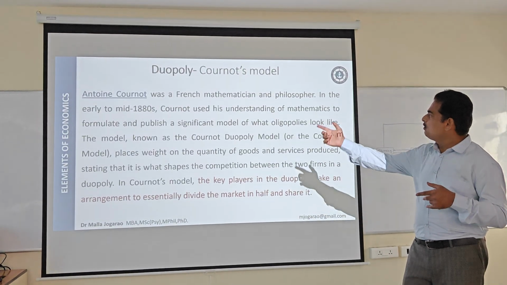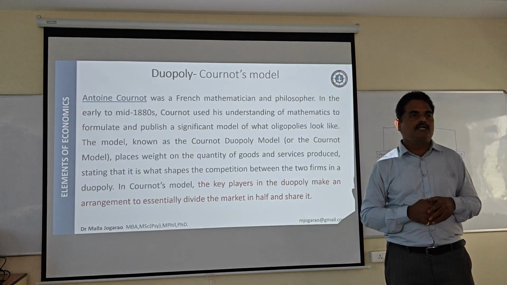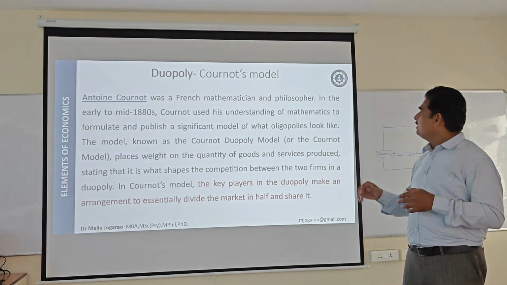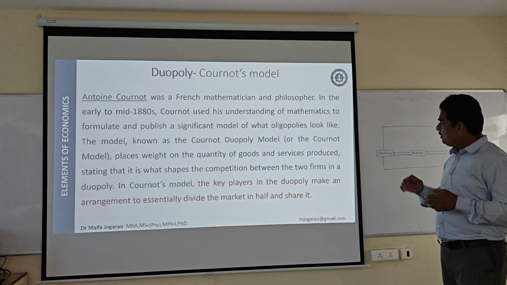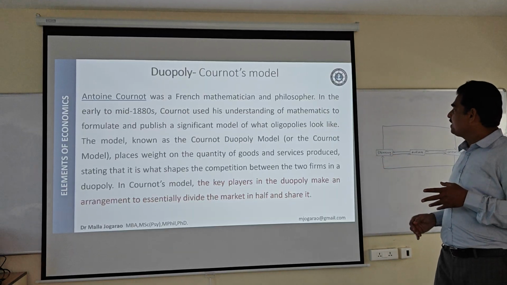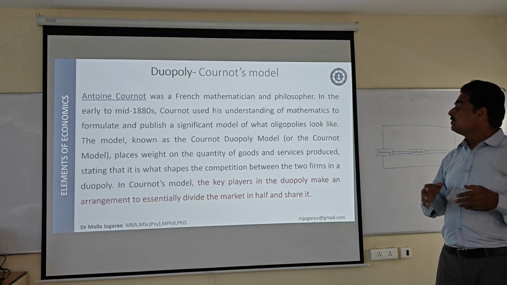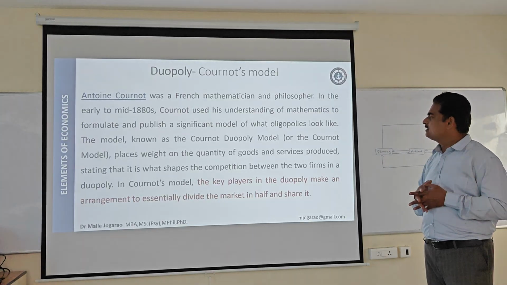Okay, the story about Antoine Cournot. He was a French mathematician and philosopher, and in the mid 1800s he used mathematics to formulate his significant models of oligopoly. The model is the famous Cournot duopoly.